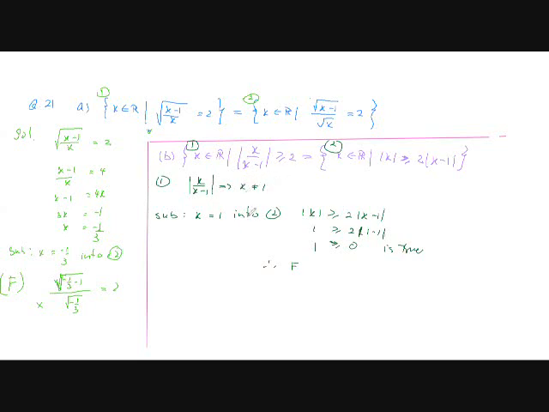Because x shouldn't be 1 in set 1, but when we substitute x equal to 1 into condition 2 here, it becomes true. So it contradicts. Okay, so then we finish question 21. Take a look one more time, see the question together with the solution, and then you will figure out whether it's right or wrong.